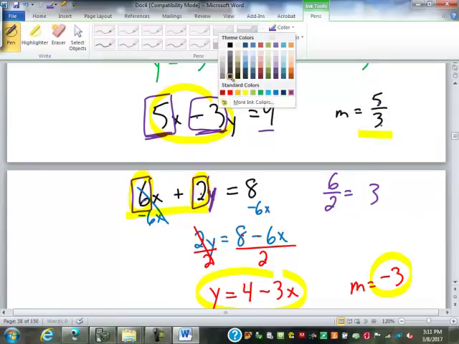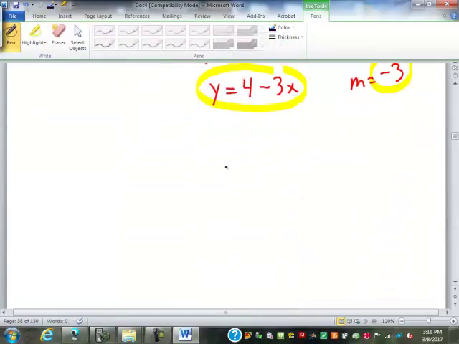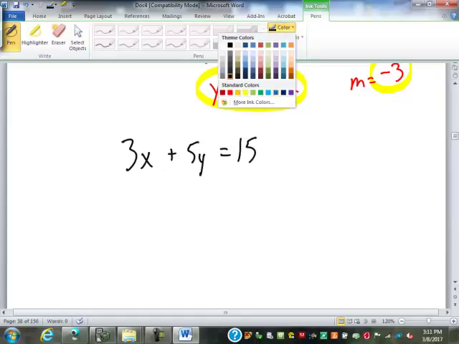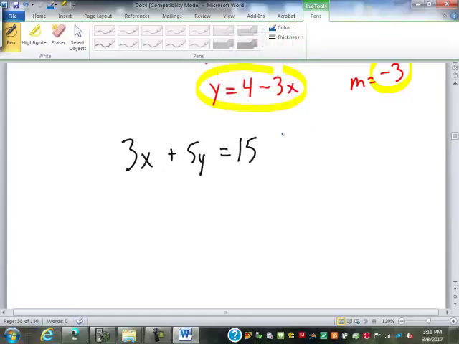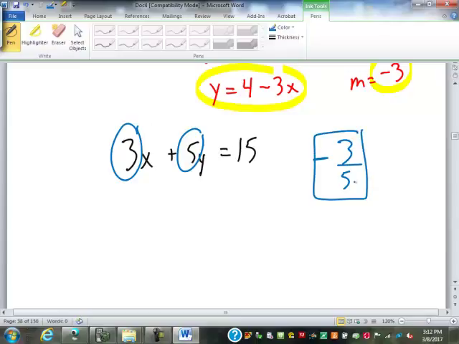So if I have an equation like 3x plus 5y equals 15, I don't have to solve that for y. My slope is going to be the number that multiplies x over the number that multiplies y, which is the 5. 3/5, but it's positive, so I'm going to make it negative. It's the opposite of that ratio.